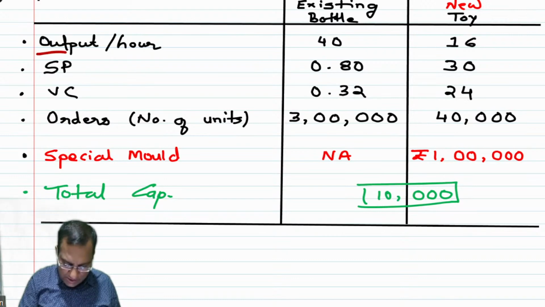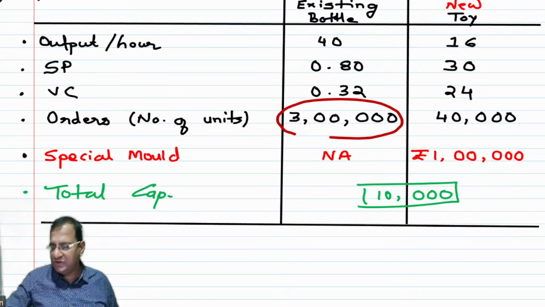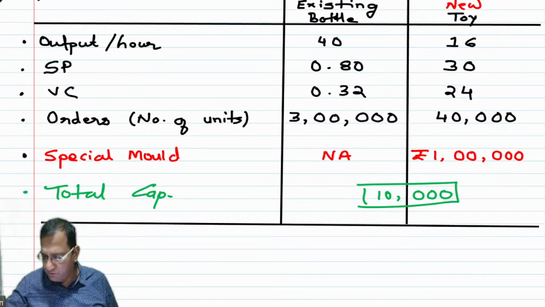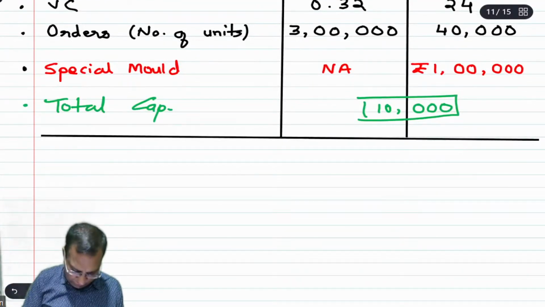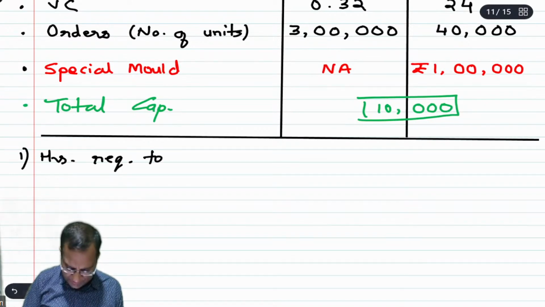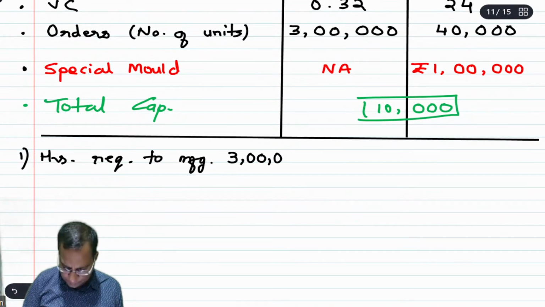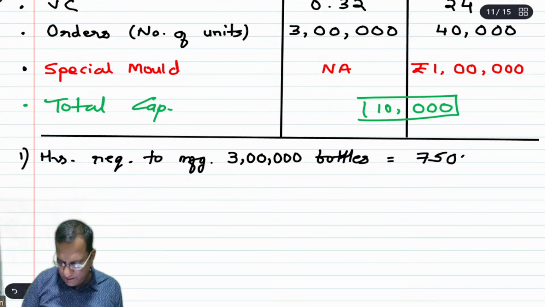The output per hour is 40. So please tell me, beta, to manufacture 3 lakh bottles, how many hours are required? I require 7,500 machine hours. So first point, hours required to manufacture 3 lakh bottles is 7,500 machine hours. Is it clear to you, beta?